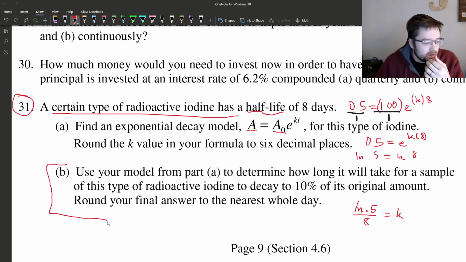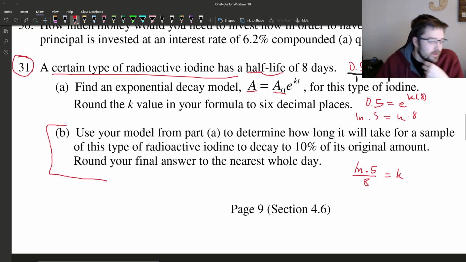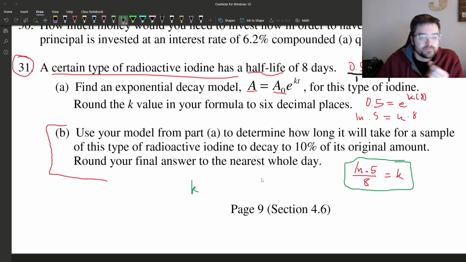But what part B now asks us to do is, now that we have found this k value, which I'll just leave right here, let's say we want this to decay to 10% instead of half.